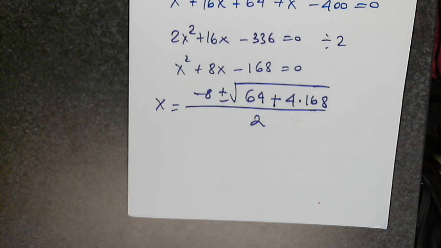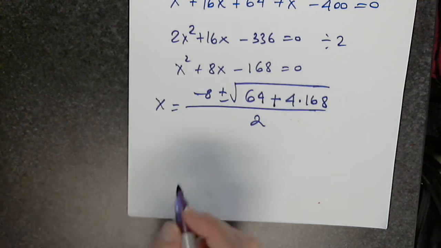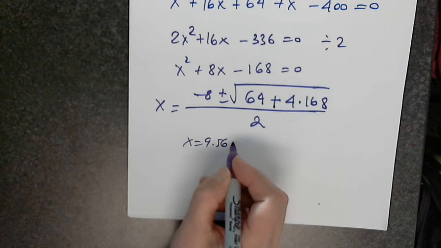So this is 9.56. And the other one, of course, it will be negative. I shouldn't even bother with it. And since it's a distance, it cannot be negative. But here's what I would do, override into negative. So x is definitely 9.56 feet.